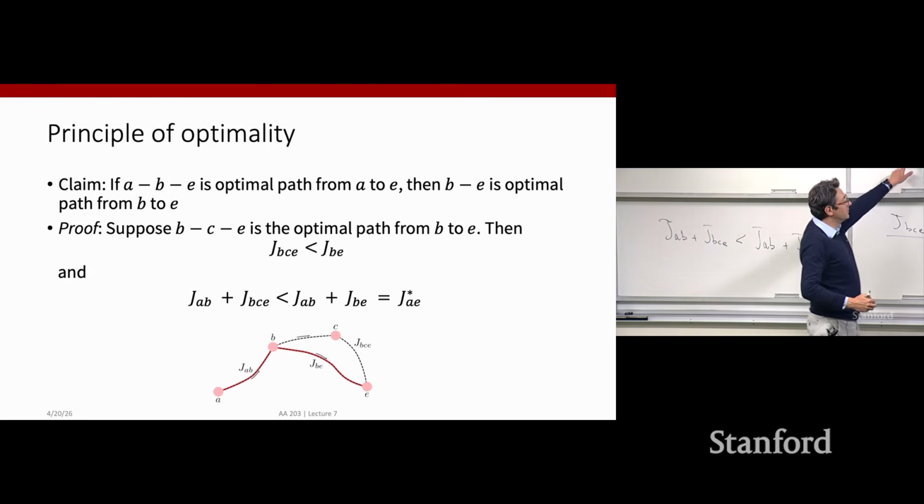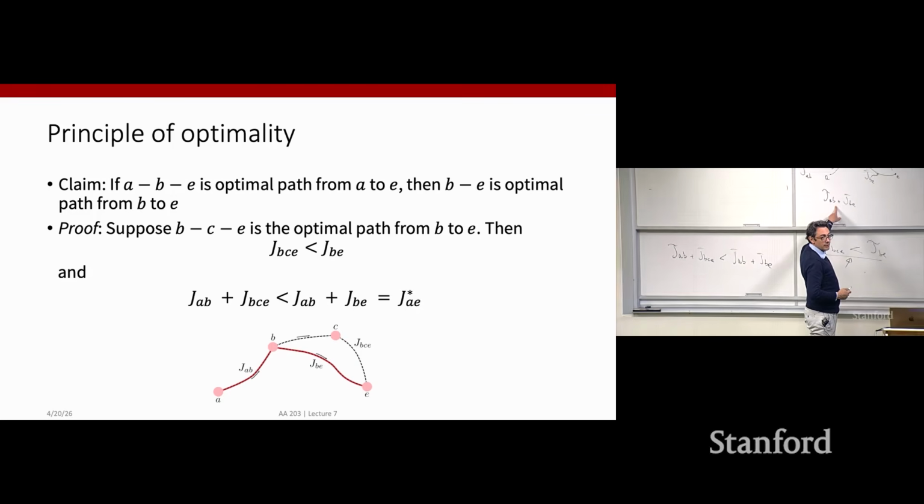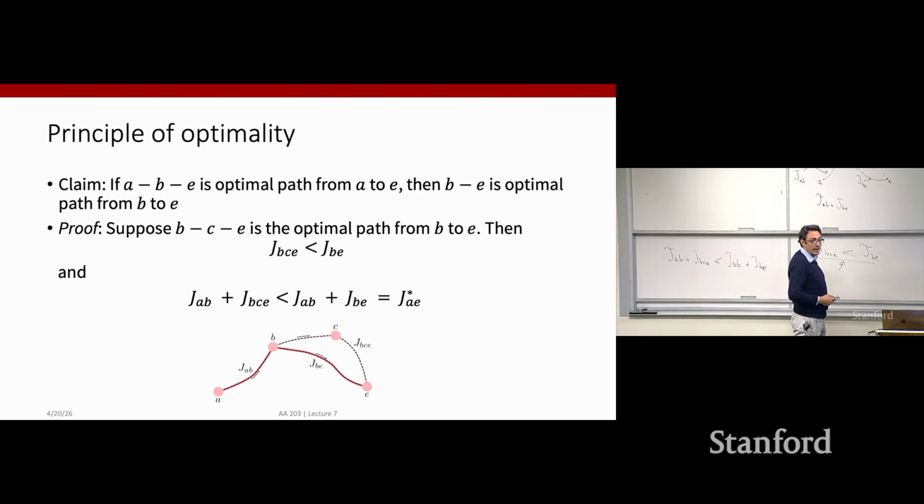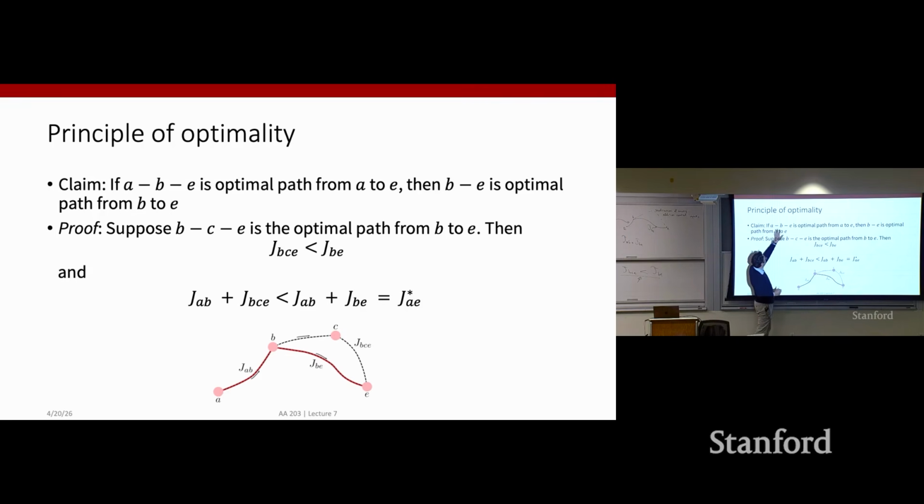Which means that I would have found a better path to go from A to E, contradicting the assumption that ABE is the optimal path to go from A to E.